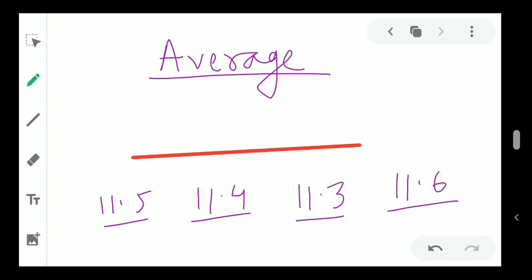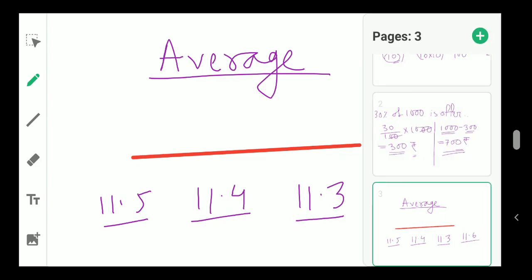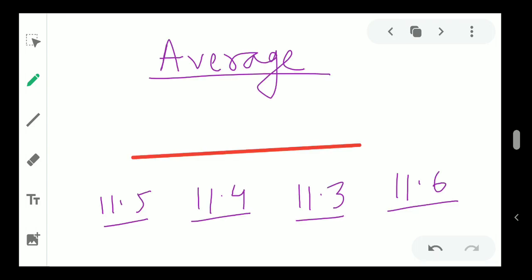So in this case, what will be my average? See, what are the values you have taken? 1, 2, 3, and this is 4. So my 4 students have taken some values, and those values are 11.5, 11.4, 11.3, 11.6.